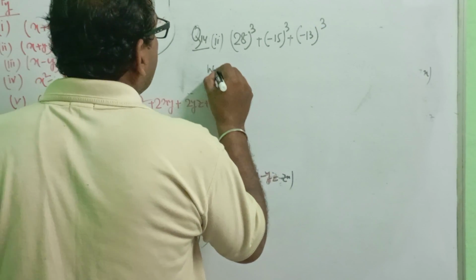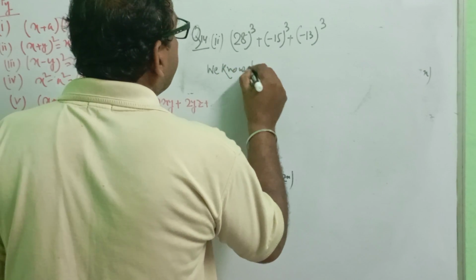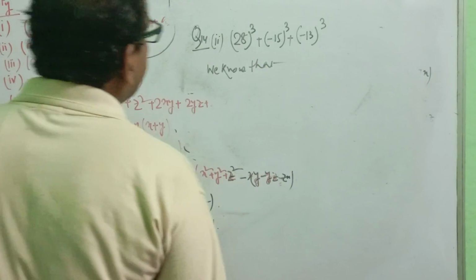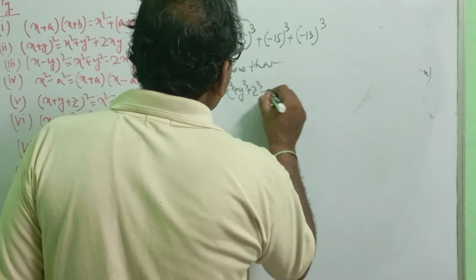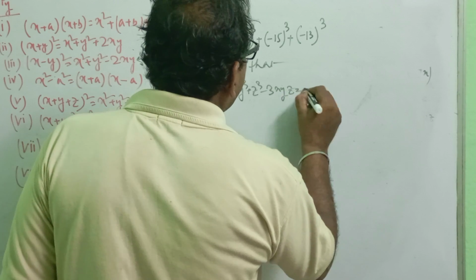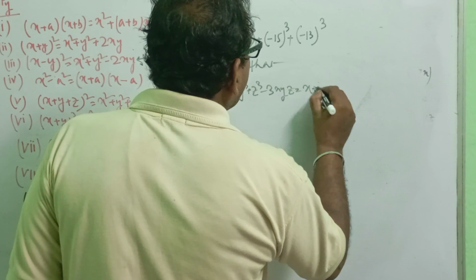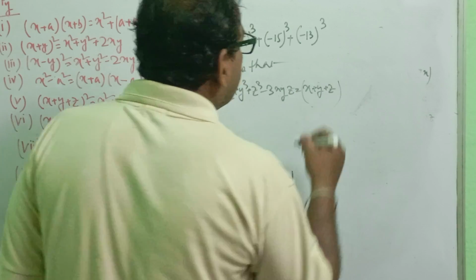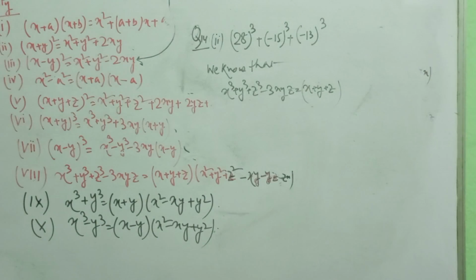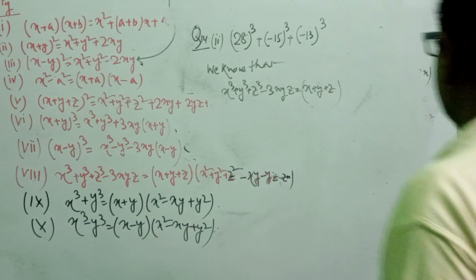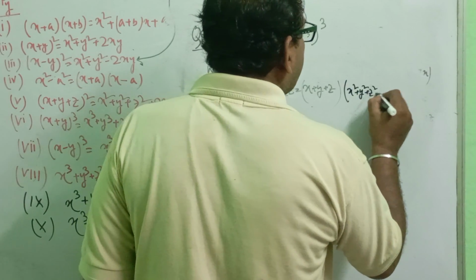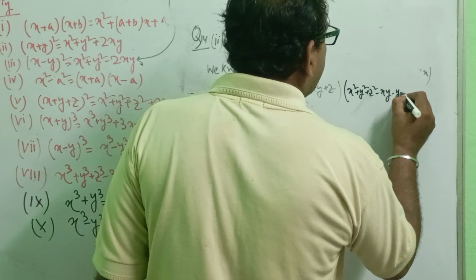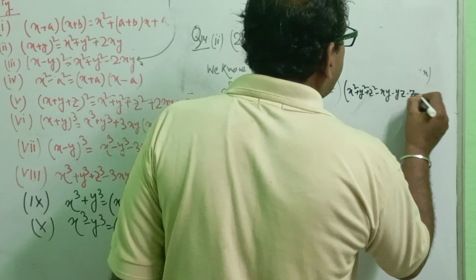Again we write that we know that x cube plus y cube plus z cube minus 3xyz is equal to (x plus y plus z) into (x square plus y square plus z square minus xy minus yz minus zx).